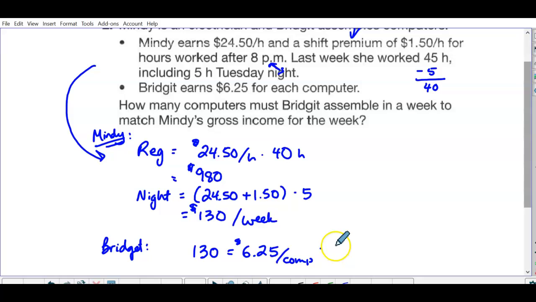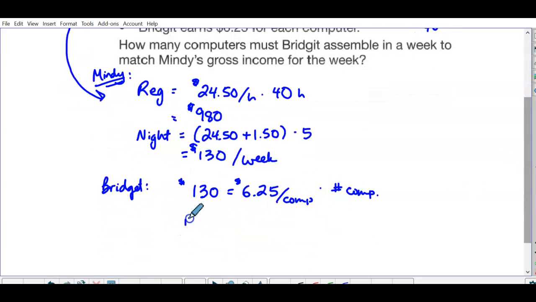And so we have to multiply by the number of computers. That's how we would get $130. So working backwards, the number of computers is just like an algebraic equation. This is like x.